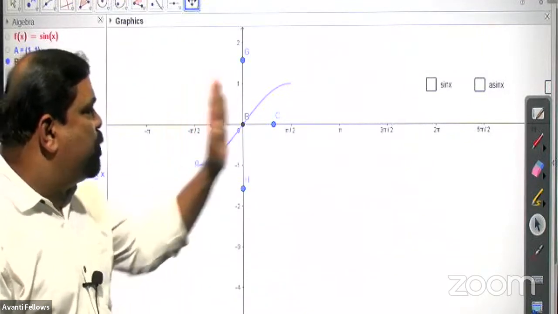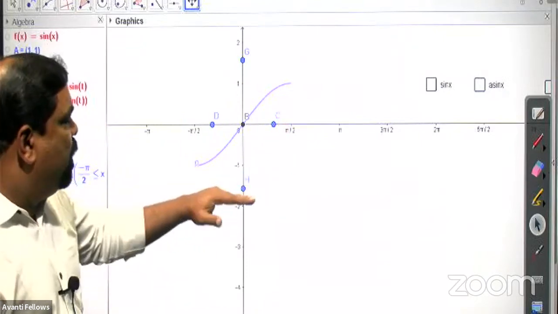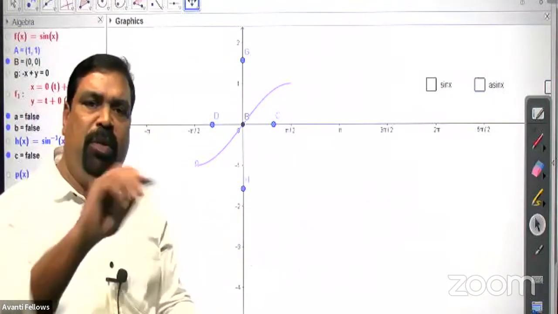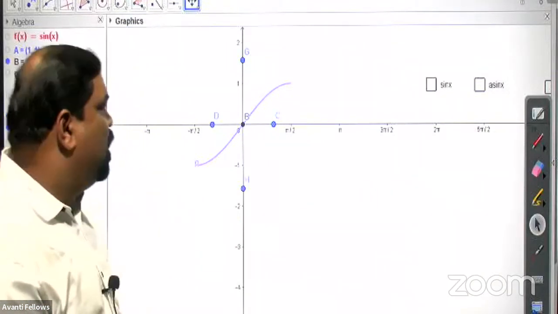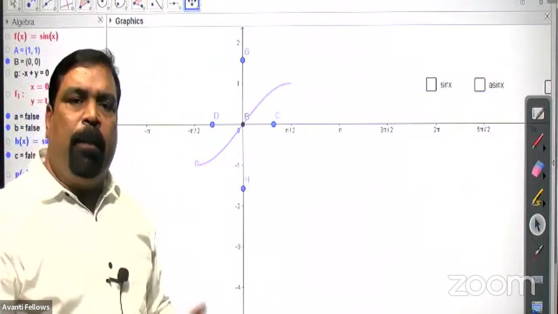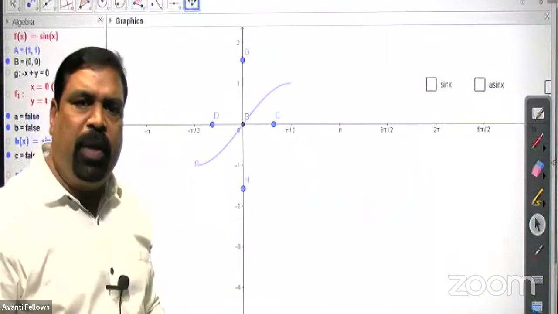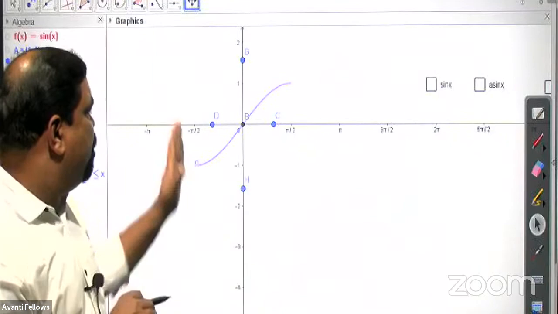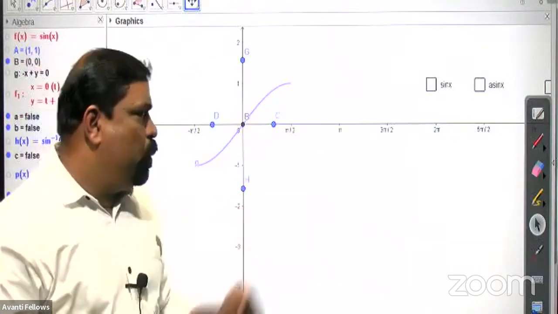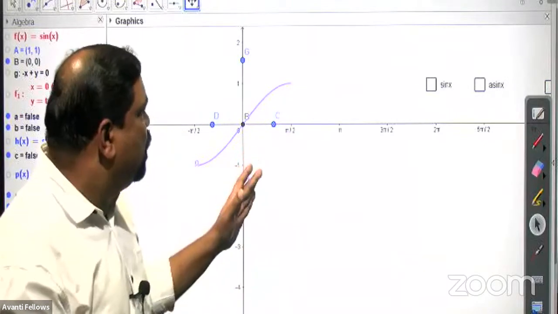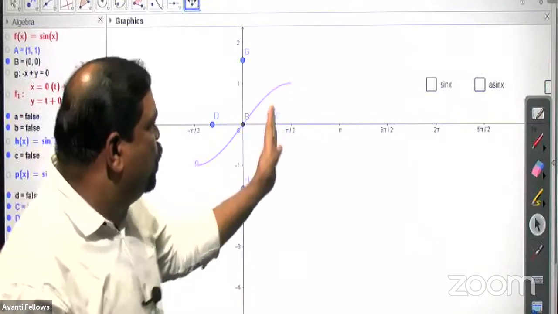Minus pi by 2 to plus pi by 2 is the domain, and the range will be -1 to +1. So then we can think about the inverse of the function. Naturally, the inverse of the function will be from -1 to +1 to minus pi by 2 to plus pi by 2. One more thing. In place of minus pi by 2 to plus pi by 2, you can choose any other interval also. You can choose pi by 2 to 3 pi by 2.